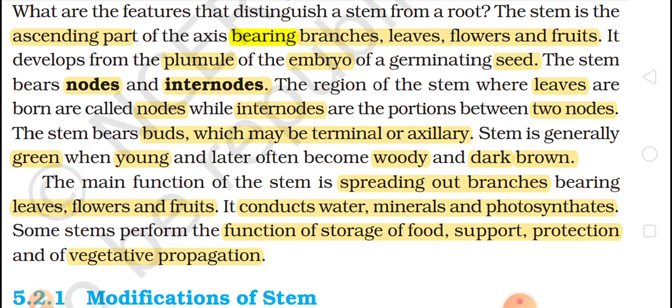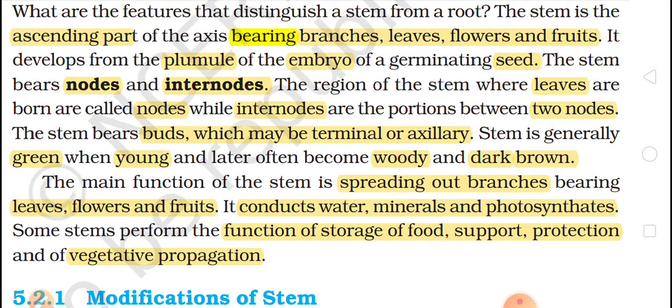The stem bears buds which may be terminal or axillary. The stem is green when young and later becomes woody and dark brown.